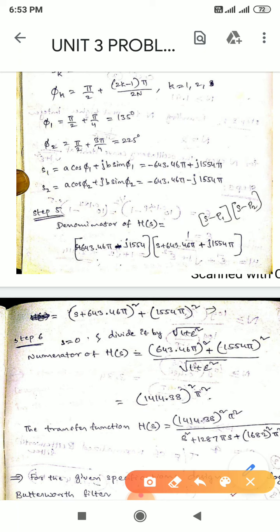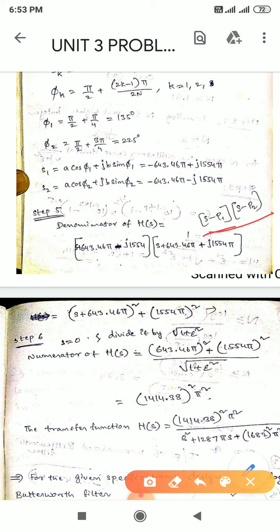Actually it has two roots, so how to write it? It is s minus s1 into s minus s2. Here s minus s1, s minus of the minus value, means s plus 643.46 pi plus minus into plus minus j 1554 pi. The first one is completed. The second one is s minus s2.